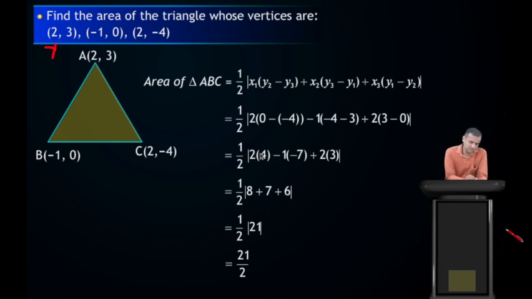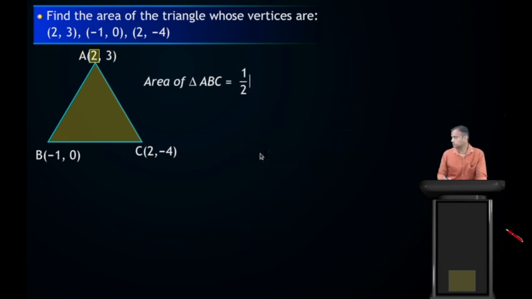Here it is given x1, y1, x2, y2. So we put 2, 0, minus 4, minus 1, minus 4, minus 3, plus 2, 3 minus 0. After solving this, we get the value 21 by 2. So this is the area.